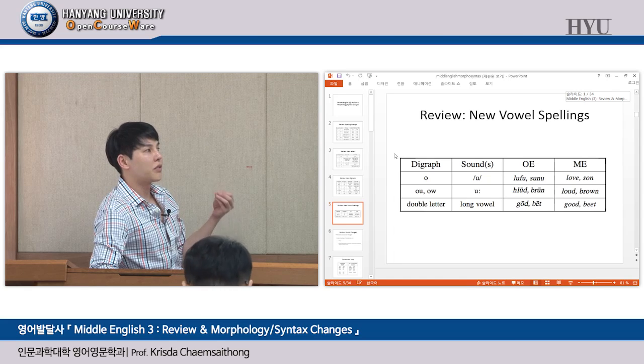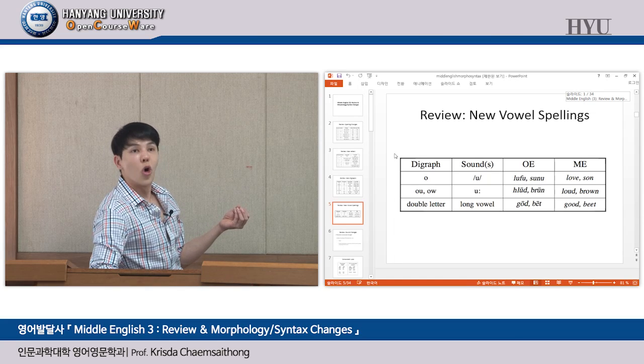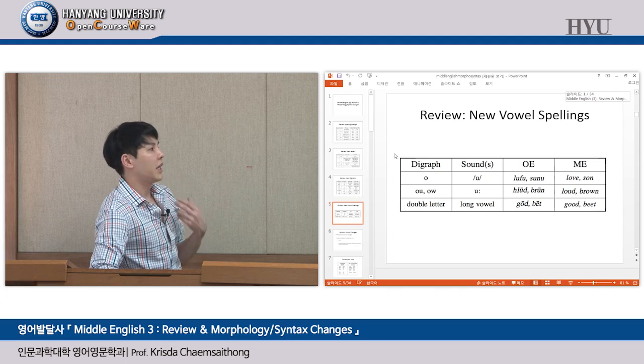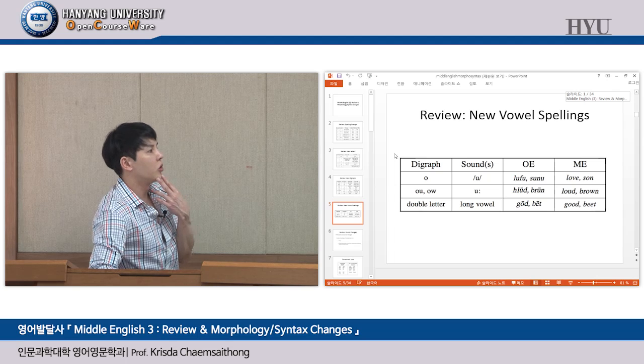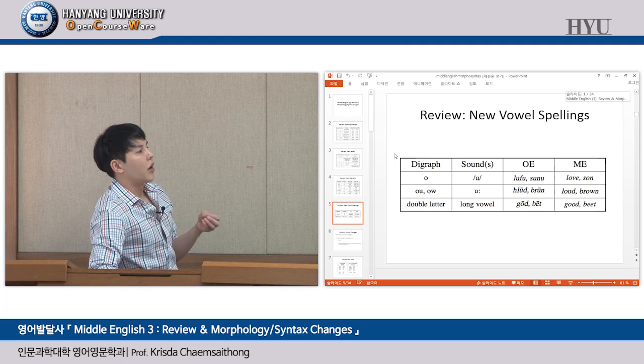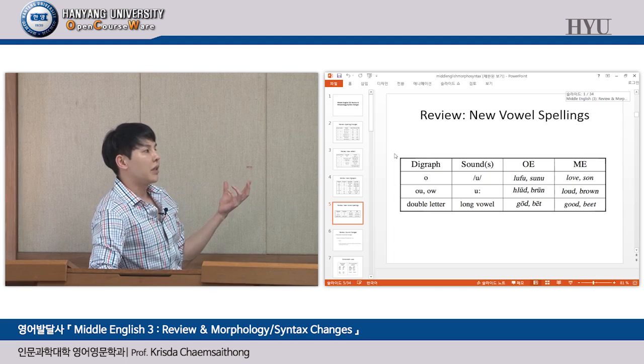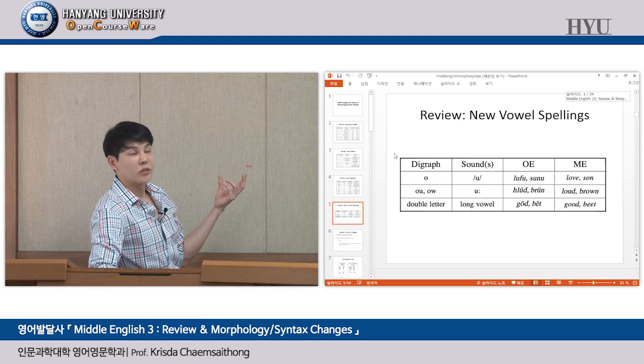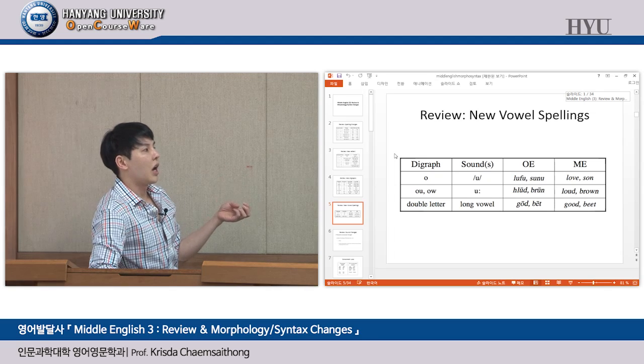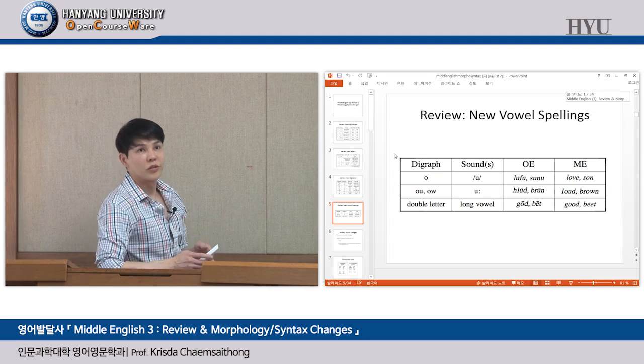So scribes changed from U to O, right? Or OO even. And then U to OU or OW. And then for long vowels that we represent with macrons, right? So the stroke above it, we just double the vowels, right?